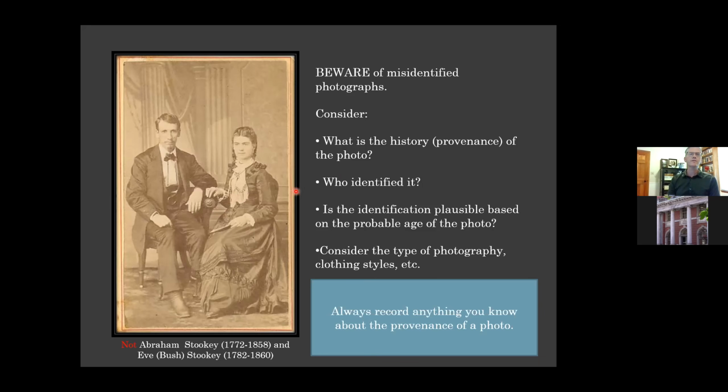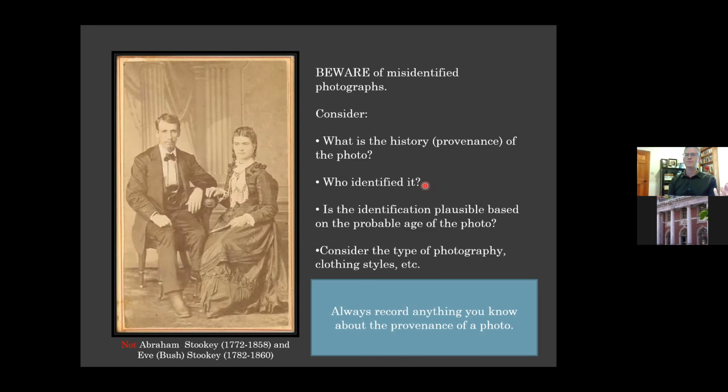And so with any photo, you want to consider what is the history or the provenance of the photo. So how have you received it? Who has it been passed down through? And who identified it? I knew from the handwriting on the back of this that it was identified by my great-grandmother's cousin, who lived a long time ago, but not long enough ago to know these people.